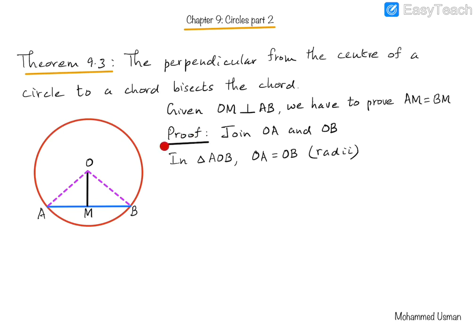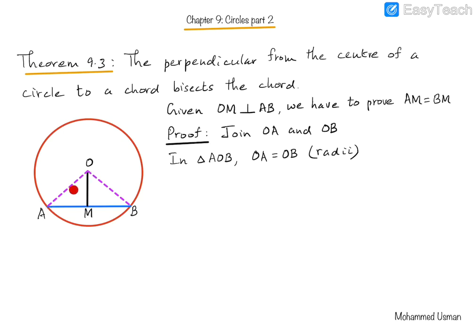To make this proof, the first part of construction that we will do is we will join OA and OB. So we will join the points O and A. So we have this line OA, and we will also join OB. So we have this OB line also shown in the dotted lines in pink. Now, in this big triangle AOB, we notice two things.